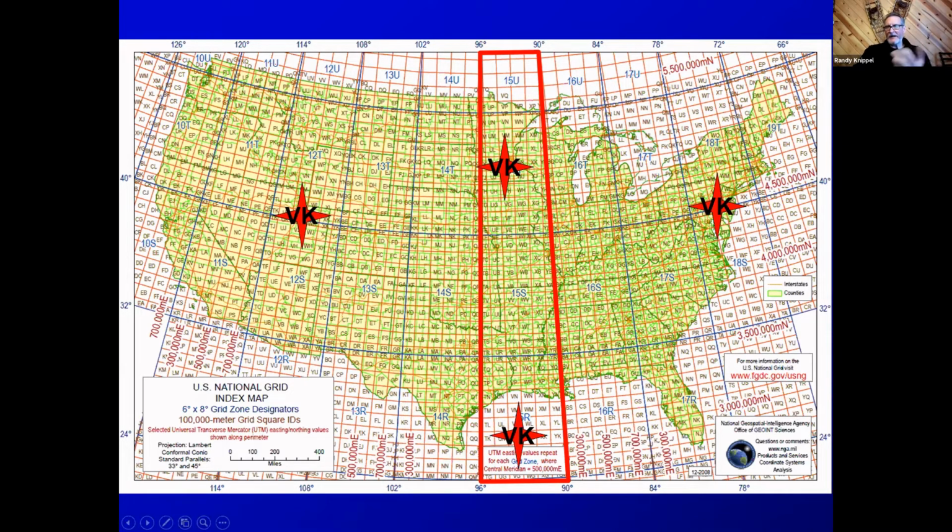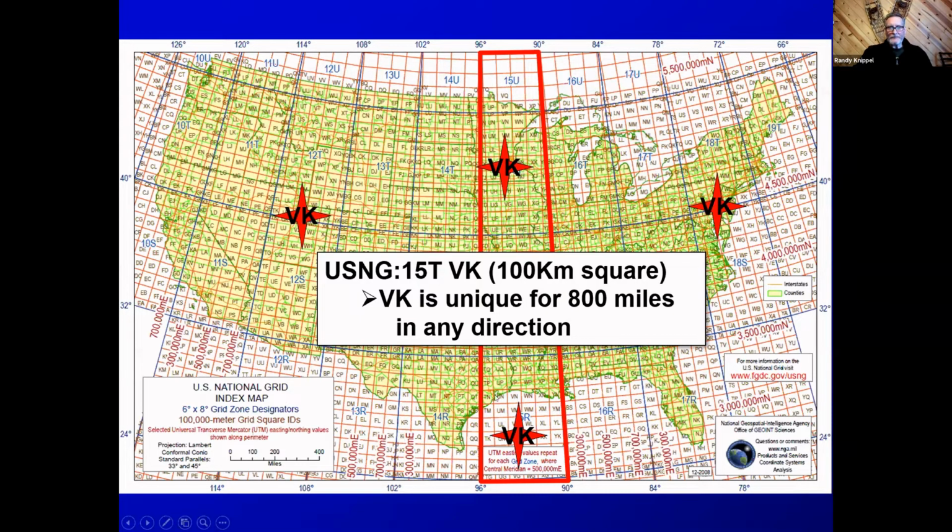We're in the 100,000 meter grid VK. It doesn't exist for 800 miles in any direction. So that's where the efficiencies come in, as well as making sure that we're able to refer to these without ambiguity. So here you can see, okay, VK is unique for 800 miles in any direction, sorry.